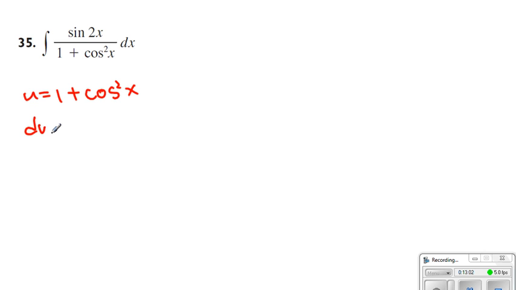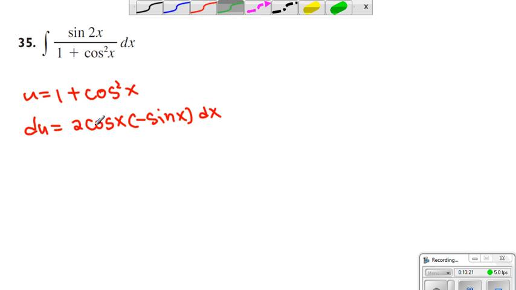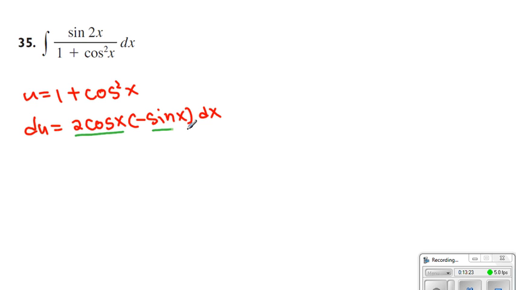Then du becomes 2 cosine x, and then by the chain rule, negative sine of x and again dx. But in fact, if you think about this one, 2 cosine x sine x, this in fact becomes sine of 2x, as you can see over here.